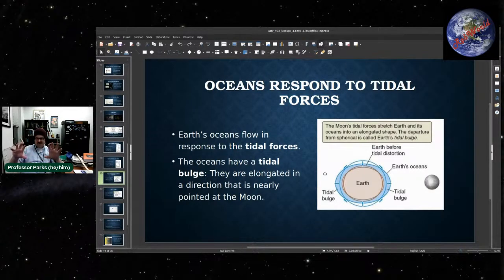If you're in essentially the rotation frame of the Earth and the Moon, you would see something that looks somewhat akin to this, with a certain caveat, which I will talk about in a second. If this is the spherical distribution of the water around the Earth, then you have a tidal bulge that is directed towards the moon, and then you have a tidal bulge which is directed away from the moon.